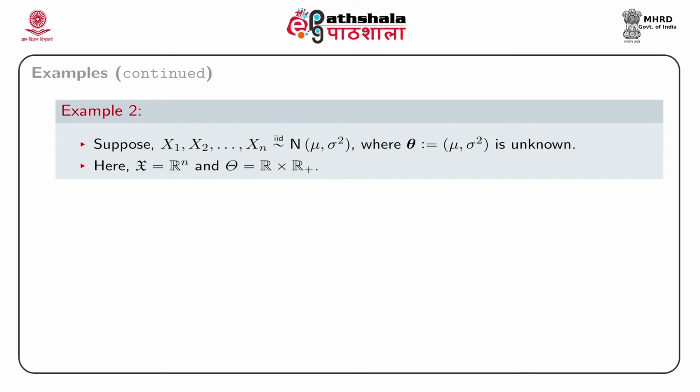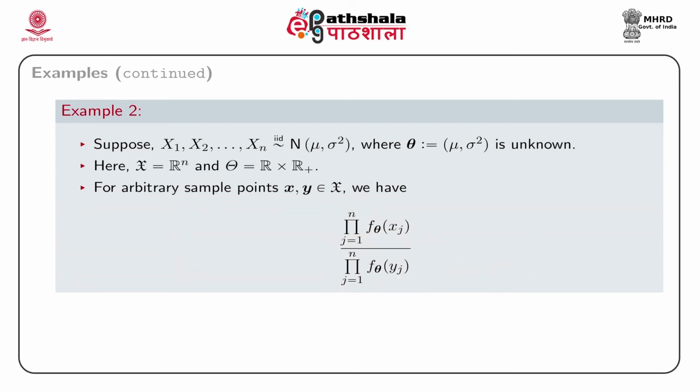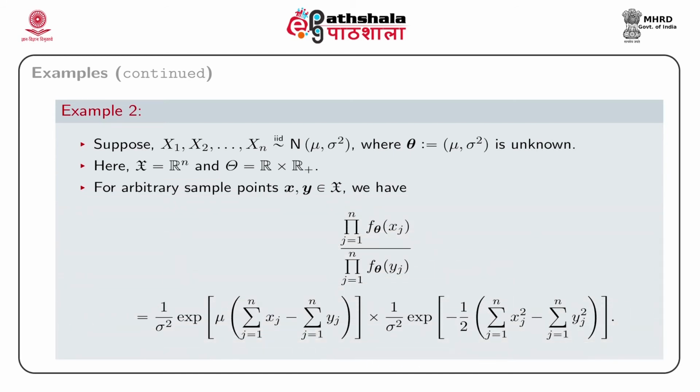We wish to find a minimal sufficient statistic for theta. Now for two arbitrary data points x equals x1, x2, xn and y equals y1, y2, yn, both from script X, we have product over i from 1 to n f_theta(x_i) divided by product over i from 1 to n f_theta(y_i).